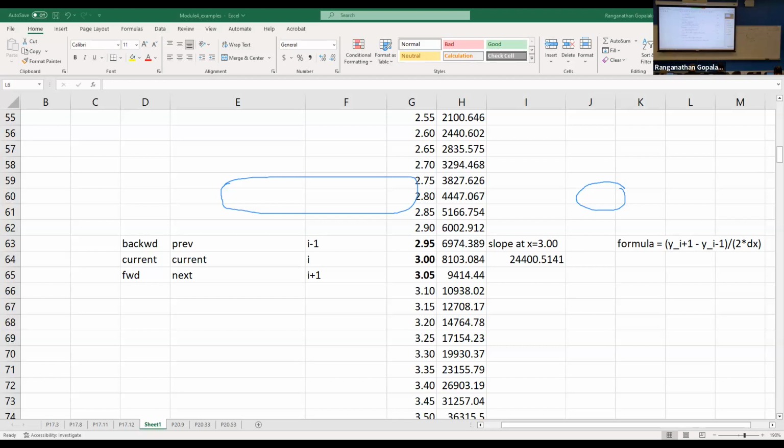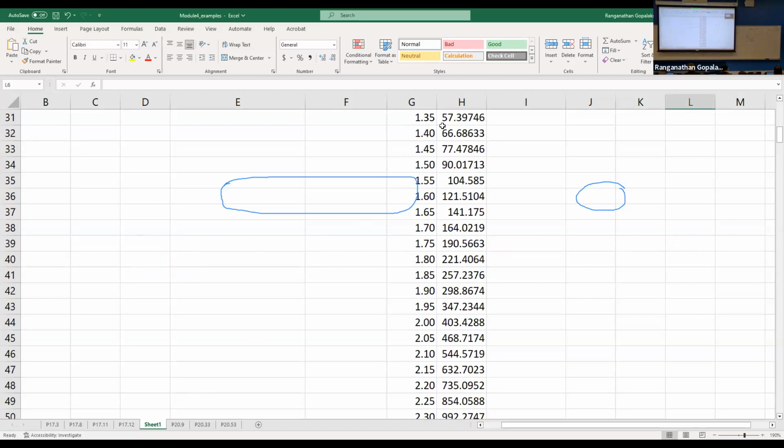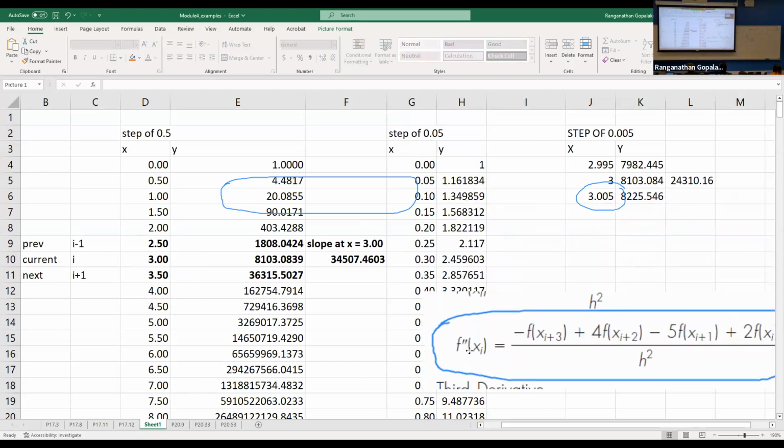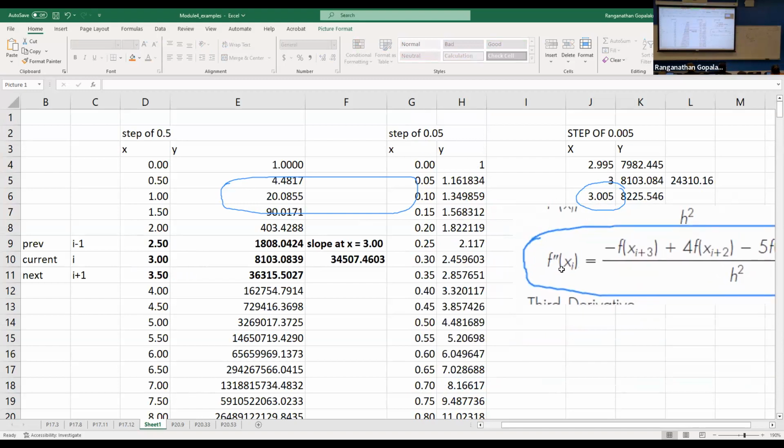So write down the formula. Okay, maybe I'll take a screen capture and paste it into my Excel sheet. Okay, so I'm going to paste it here. Yeah, so here is my formula.